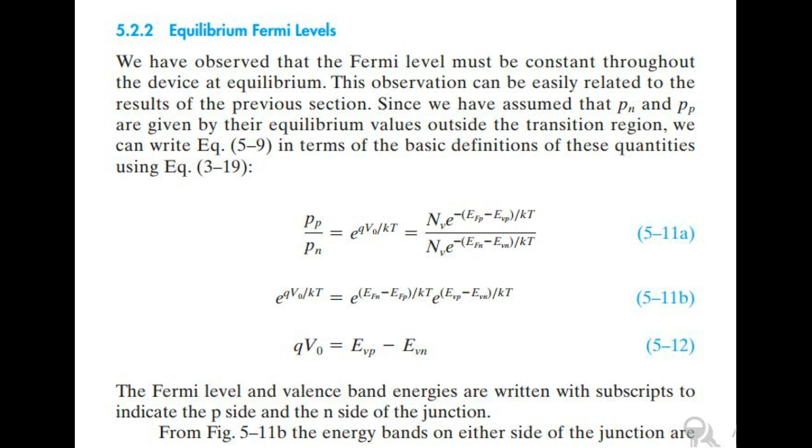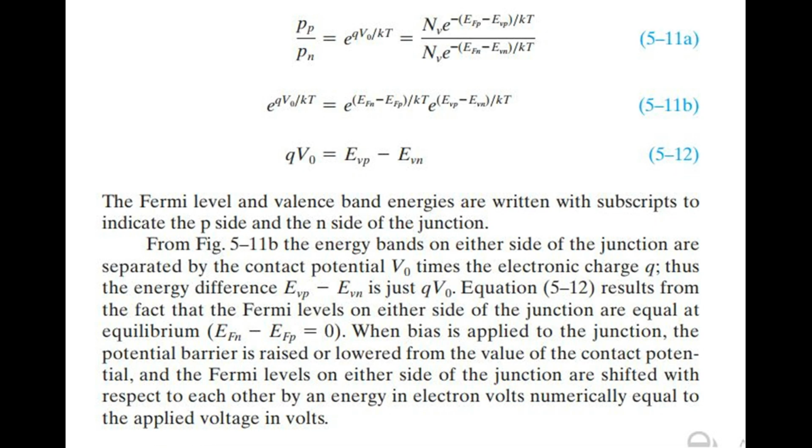Equation 5-12 results from the fact that the Fermi levels on either side of the junction are equal at equilibrium, E_Fn minus E_Fp equals 0. When bias is applied to the junction, the potential barrier is raised or lowered from the value of the contact potential, and the Fermi levels on either side of the junction are shifted with respect to each other by an energy in electron volts numerically equal to the applied voltage in volts.